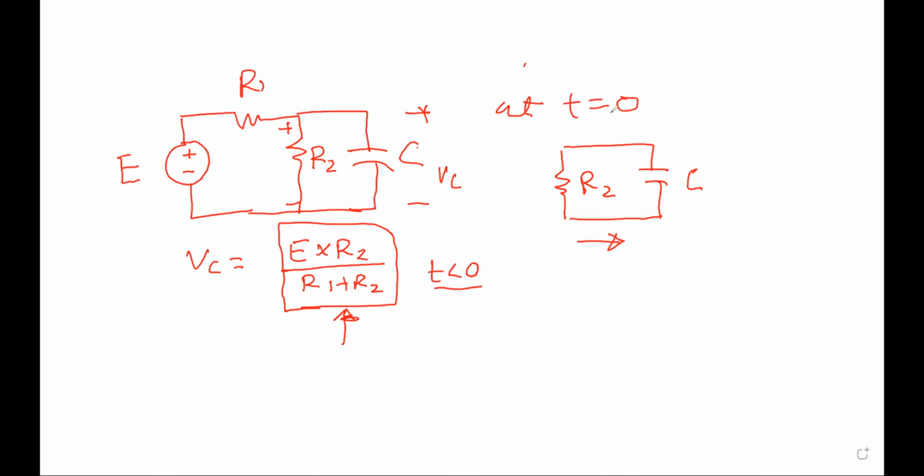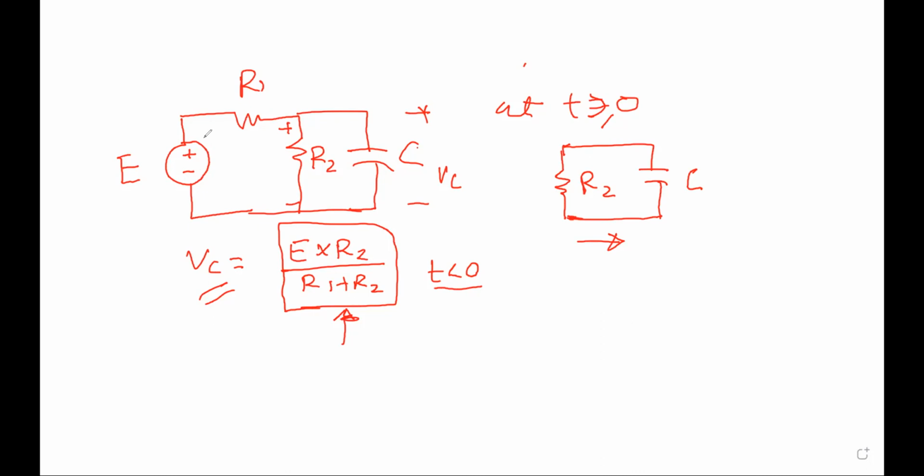At time t greater than or equal to 0, the source is disconnected. Then what will happen? Your capacitor C will begin to discharge through R2, isn't it? In this case, you have a capacitor that is charged with a voltage VC equal to E times R2 divided by R1 plus R2.